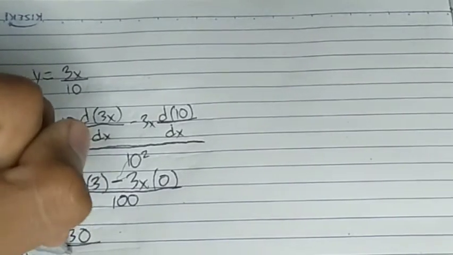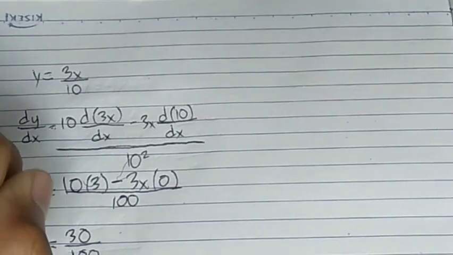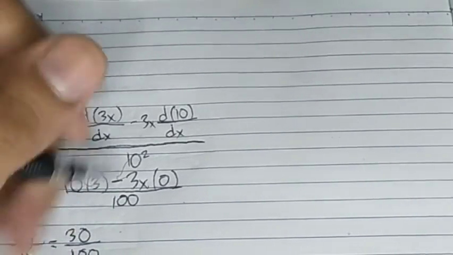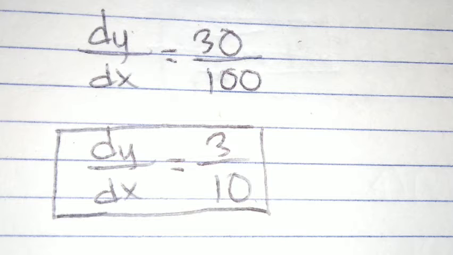So dy over dx is equal to 30 over 100, or if we simplify it, dy over dx is equal to 3 over 10.